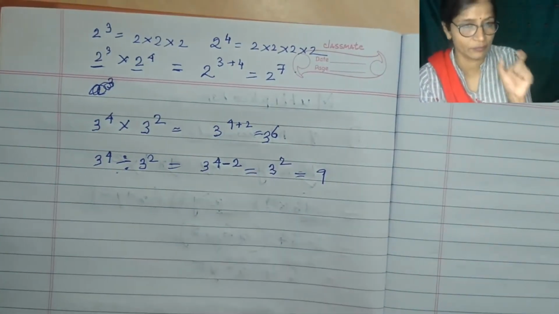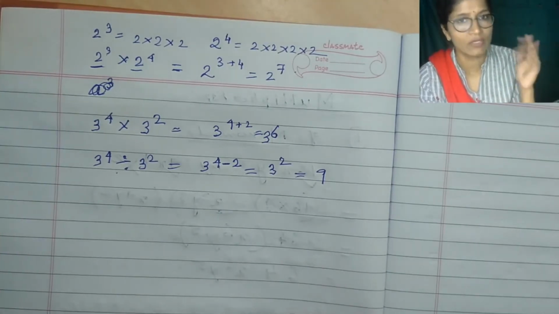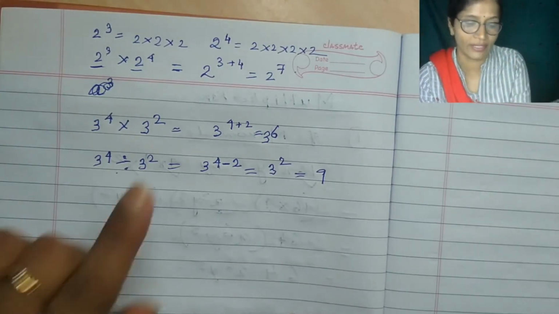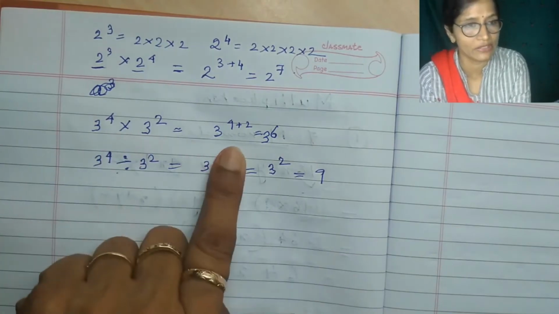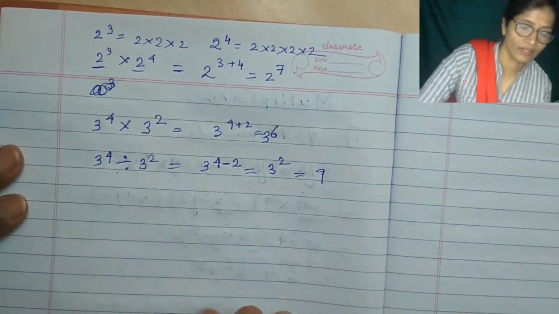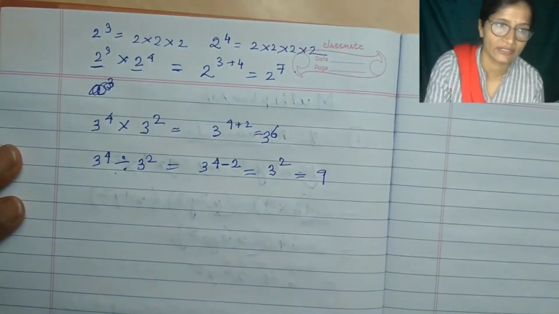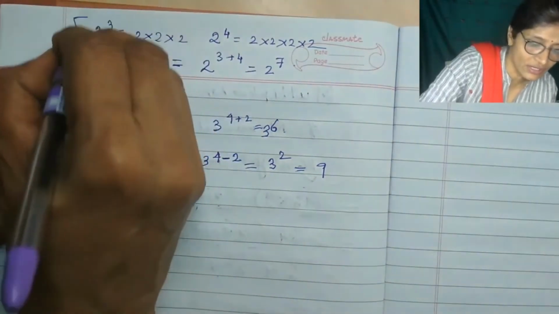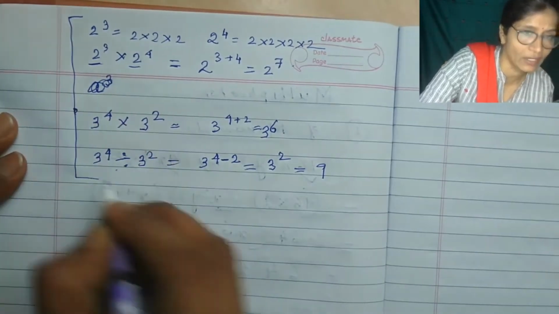So in an exponent, when bases are same, powers whatever may be same or different, then what will happen? In multiplication, powers are added, and in division, powers are subtracted. Because if you verify, you will get the same answer. This is in the same way in case of algebra also.